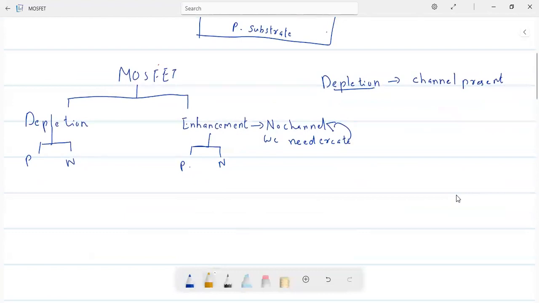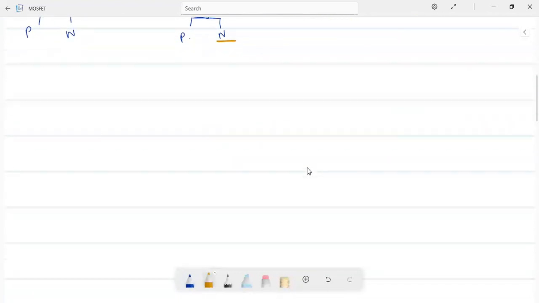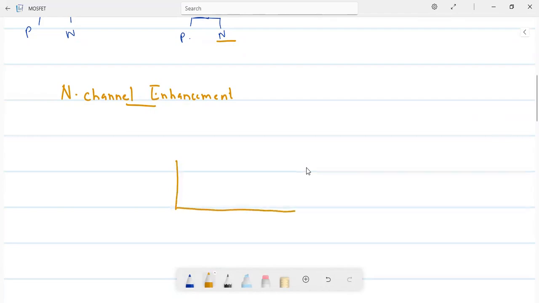For learning the working, we take an example of N channel. That is our IRF 640 itself we will take. That is an N channel enhancement type MOSFET. How does it work? When you're taking an N-channel enhancement type MOSFET, the substrate should be P, just opposite of the channel.